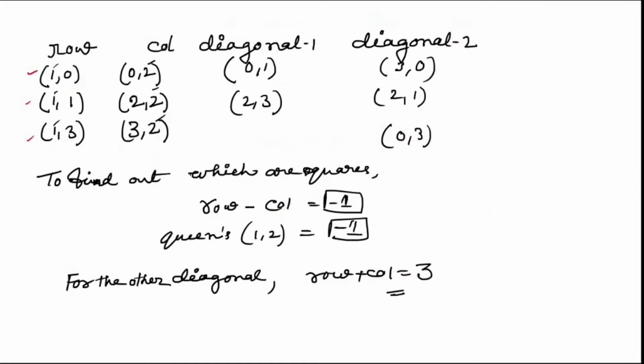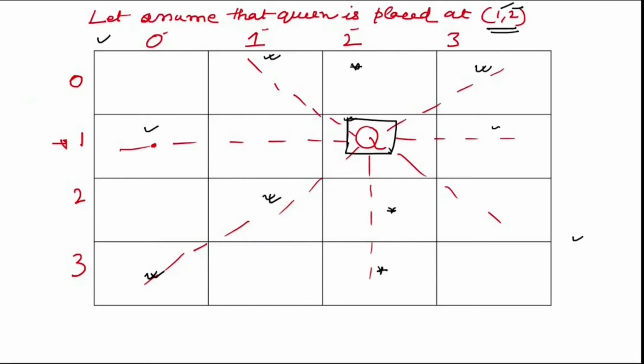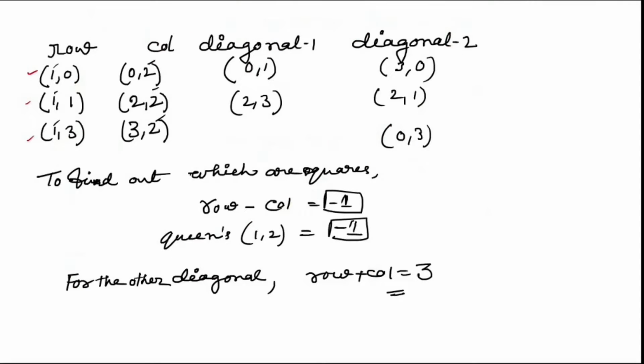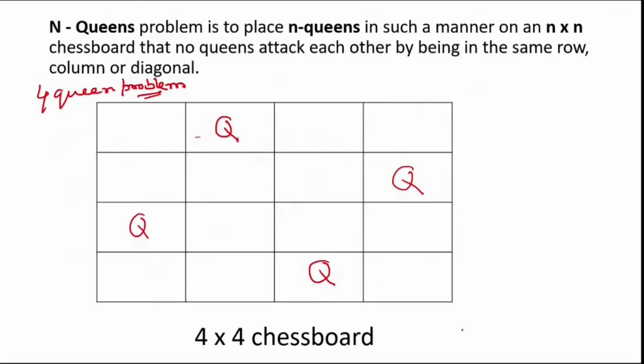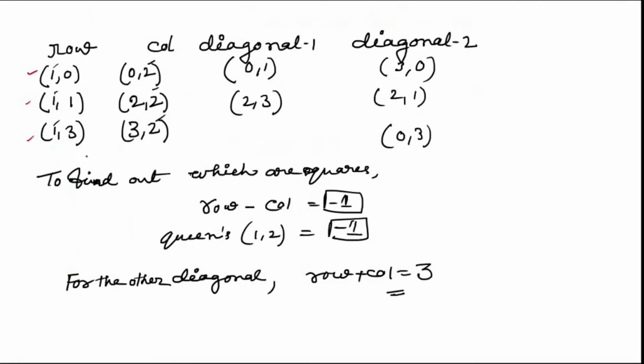If it is at (1, 1), that cell will be attacked. If it is at (1, 3), here also it will be under attack. This is row wise. All the squares in row 1 will be under attack, because the rows are equal and only the columns are varying.